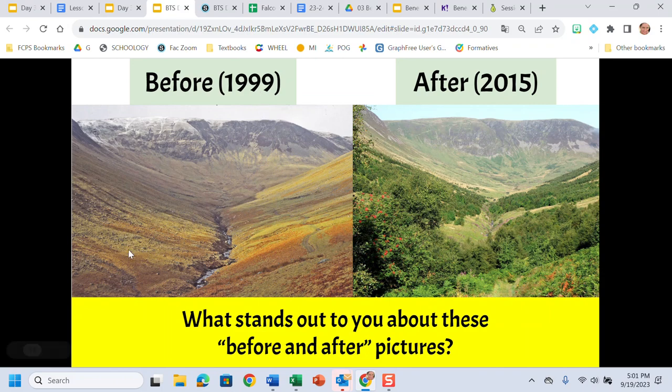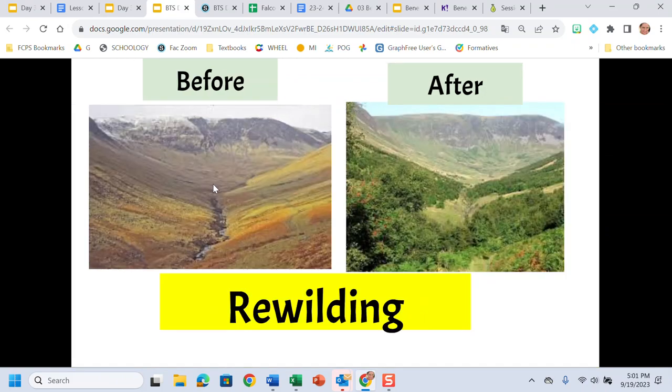Here's another example. In 1999, we had an area that looked like this. In 2015, we had an area that looks like this. So this time, if you notice the before and after pictures, you may feel like the after picture, the more recent picture, has more biodiversity, which we say is always a great thing. So we call this rewilding.